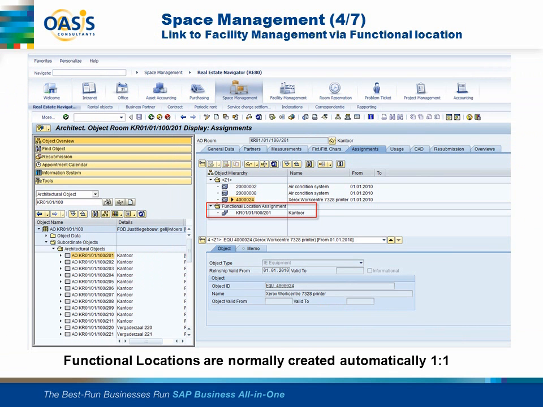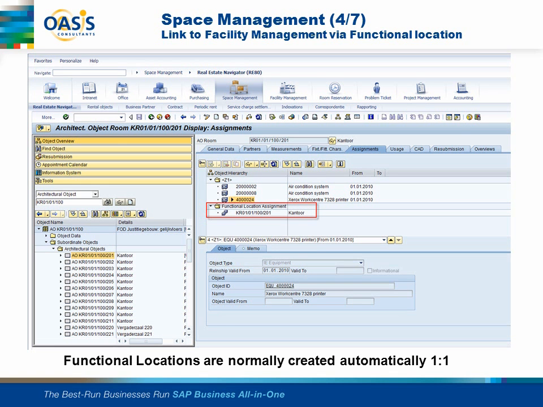Now, what is important here is that real estate, the building itself, is linked to maintenance tasks at the end. And to make that link, we call them functional locations. I give an example. You have a room on a floor.